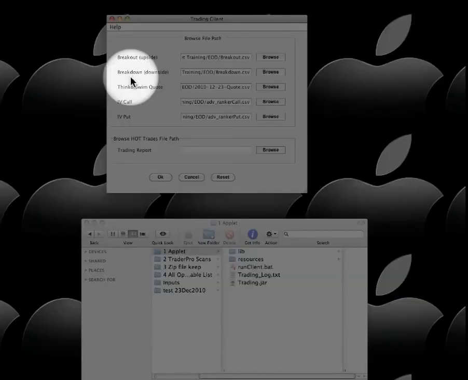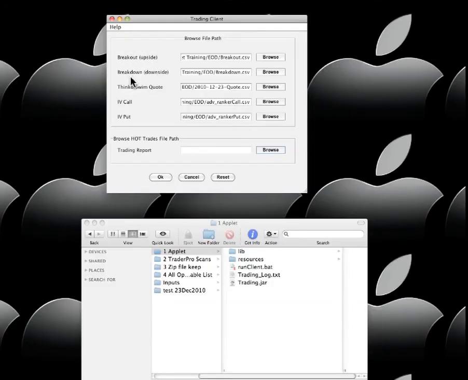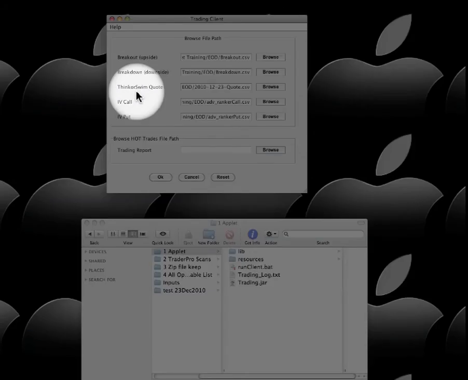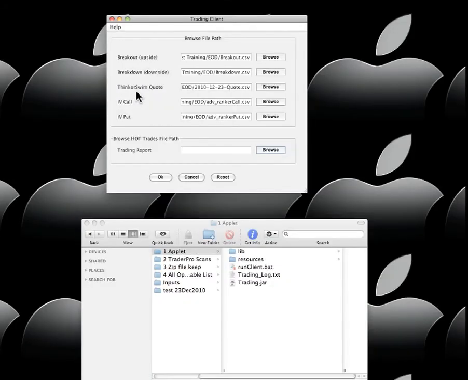The second file, the breakdown file, contains scanned point and figure opportunities as downside trades. Thinkorswim quote. This file contains the prices of a finite list of specific traded products with the underlying symbols, which I will provide later.